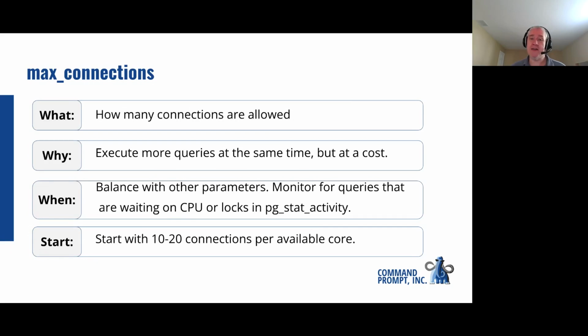Now, this is balanced a little bit, which is why we recommend 10 to 20 connections per core, because accessing data from disk is slow. So in general, 9 queries are loading their data and 1 is executing. And that seems to be a reasonable starting point for trade-offs.